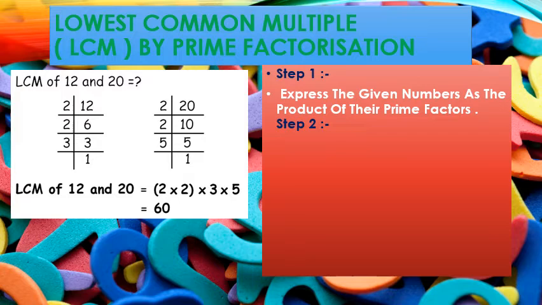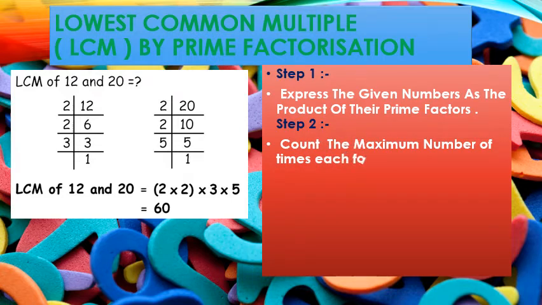The second step is to count the maximum number of times each factor appears. As you see, the different factors here are 2, 3 and 5. The 2 is repeated a maximum of two times, in both places. 3 is repeated once and 5 is repeated once.